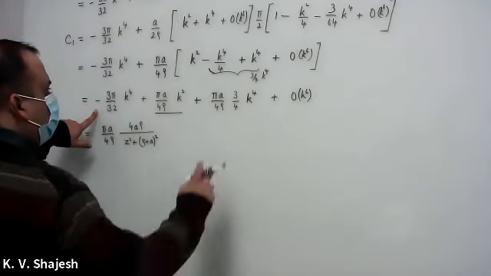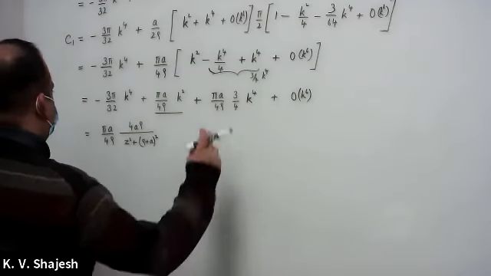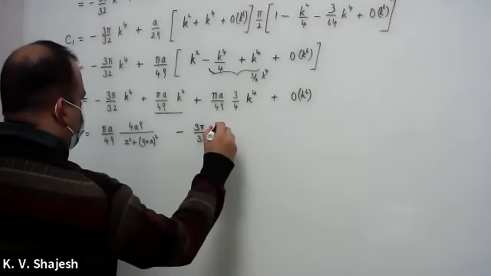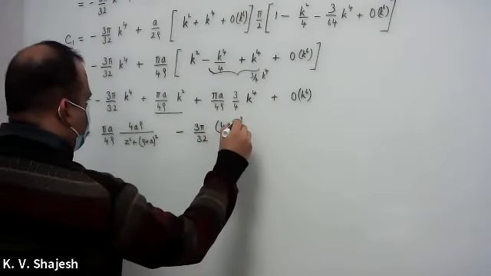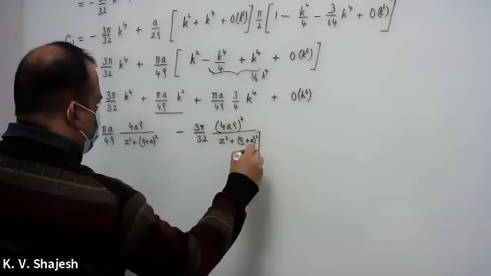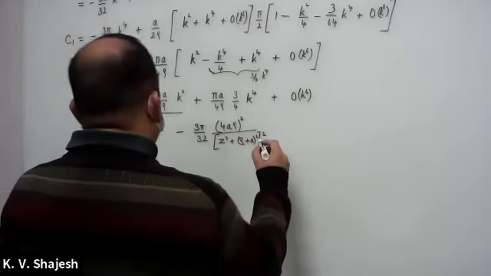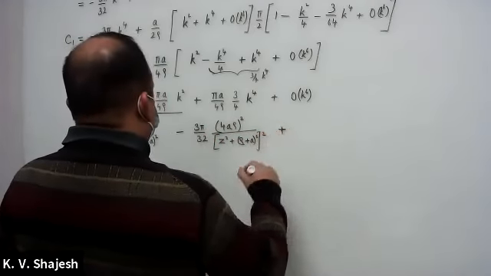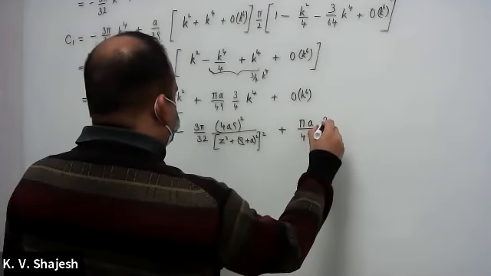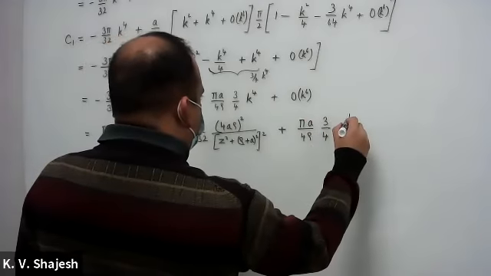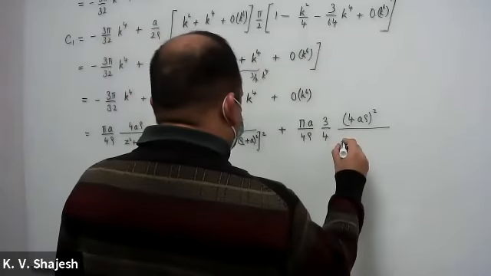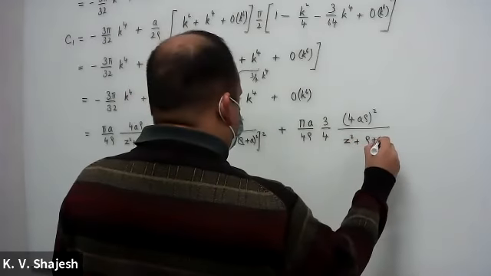Next, let me write this: minus 3 pi by 32 times 4a rho the whole square divided by z square plus rho plus a the whole square. And finally, there's a plus pi a over 4 rho times 3 by 4 times 4a rho the whole square divided by z square plus rho plus a the whole square.